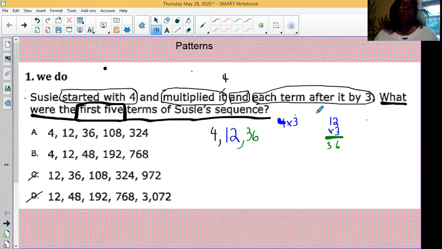Now we need to take the 36 and multiply it by 3. Remember, we're looking for the first 5. We only have 3, 1, 2, 3 numbers so far. So now I have to take the 36 and multiply it by 3 as well. And I'll pause and let you do that.